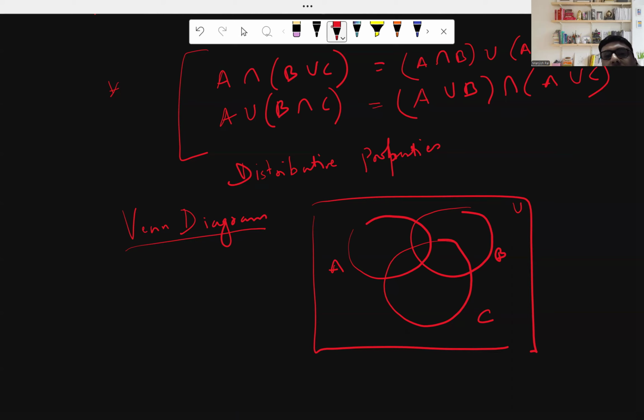For example, if we want to look at this region, which is A intersection B union C, so B union C and the intersection with A is this region.